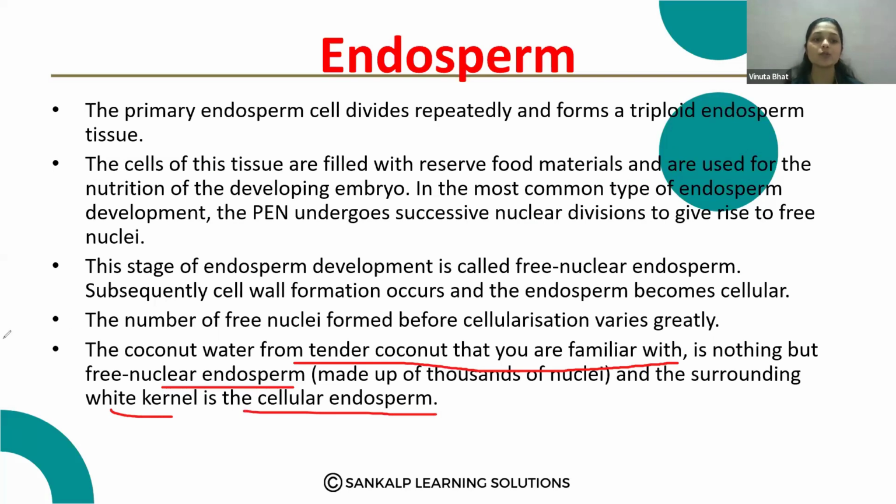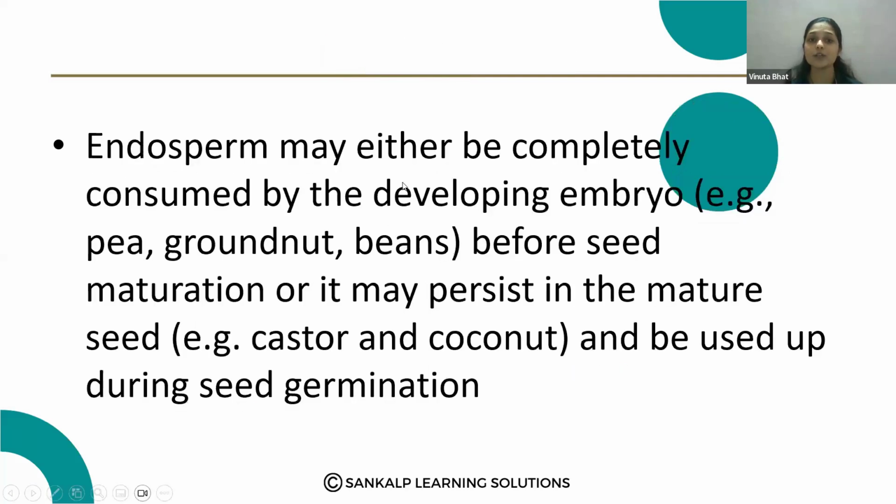So mainly the endosperm function is providing the nutrition for the developing embryo. Endosperm may either be completely consumed by the developing embryo before maturation, for example in groundnut and beans, or it persists in the mature seed, for example castor and coconut, and is used up during seed germination.